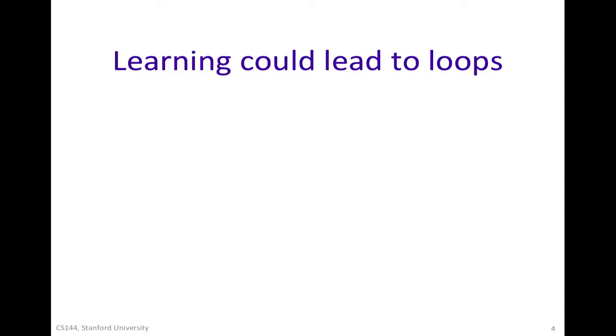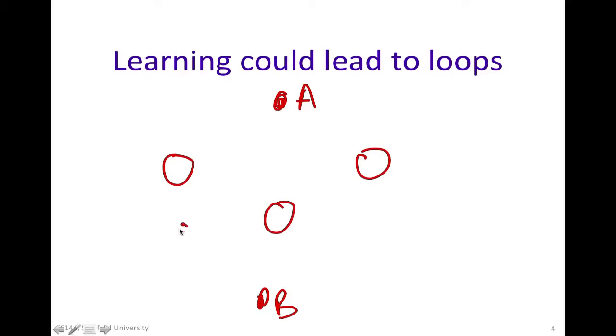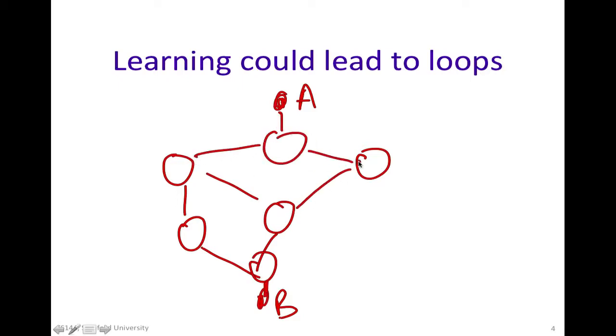So let's see an example of what might happen. If we have a network with, let's say that this is a source and this is a destination, and in between we have a sequence of switches, something like this, that are all connected like this. So B is directly connected here, and then A is connected to a switch here.